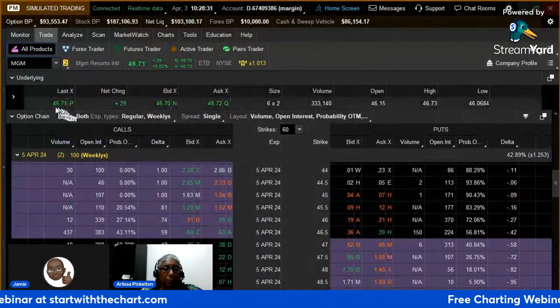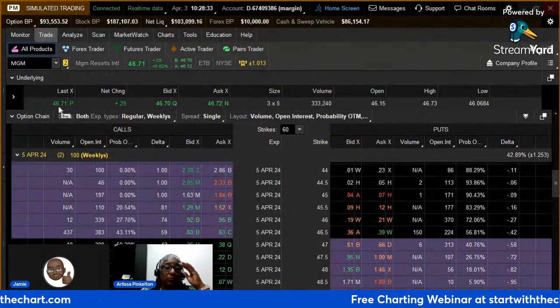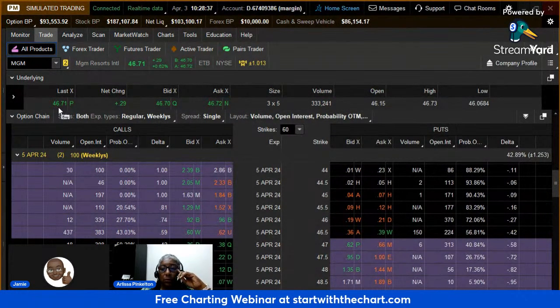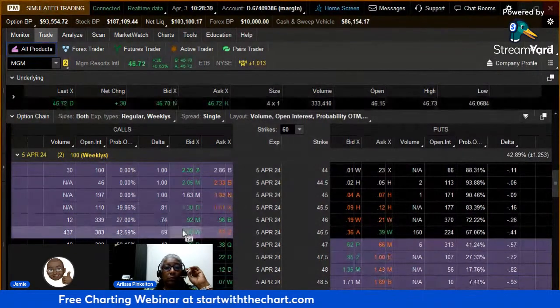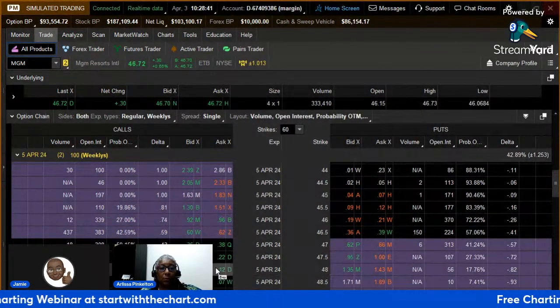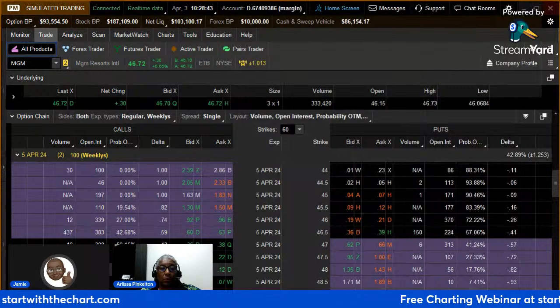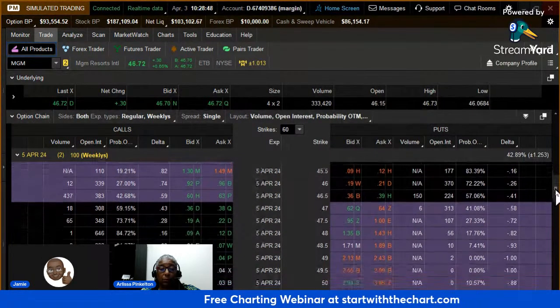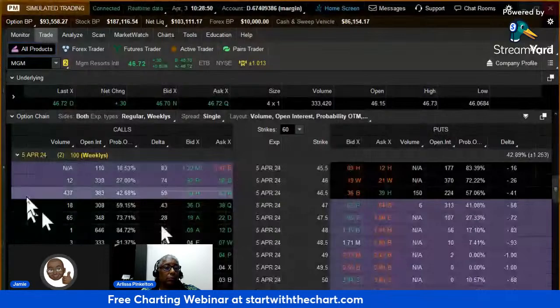So this would be 46.7 plus 1.25, right? So that's 47.9 at the top. So you can go 48. And honestly, it's not going to be a lot of premium on this one. This is a 2 spread.